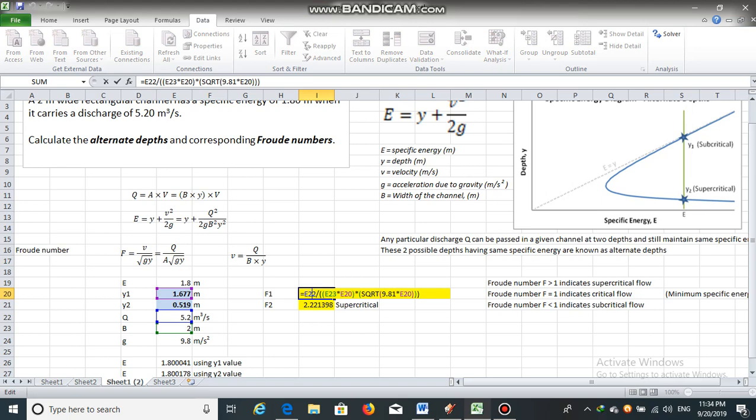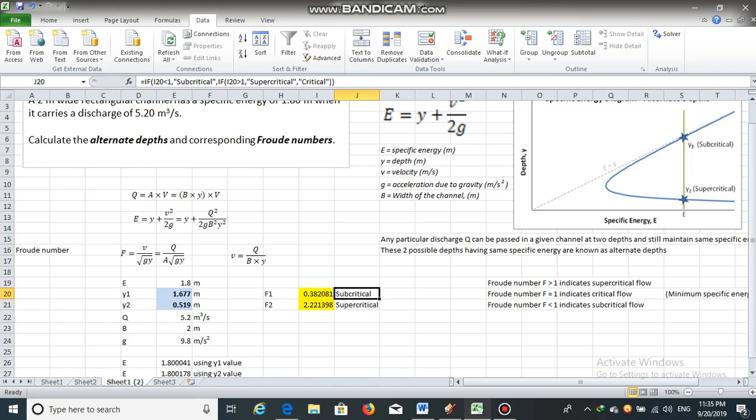So value of Q, 5.2, divided by A, which is 1.677 into B, which is 2 meters, into square root of g into Y, 9.8 into 1.677. So we'll get the corresponding Froude number 0.3820. Since its value is less than 1, it is subcritical.